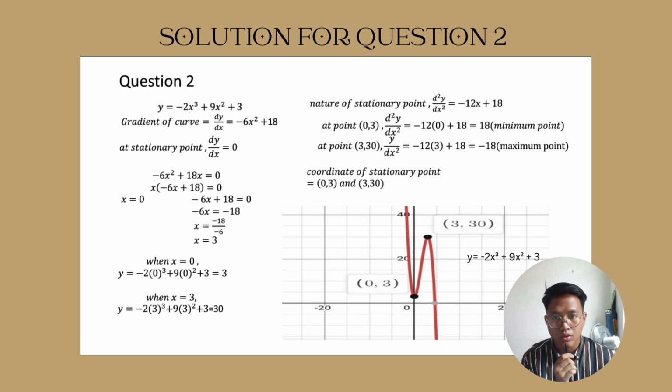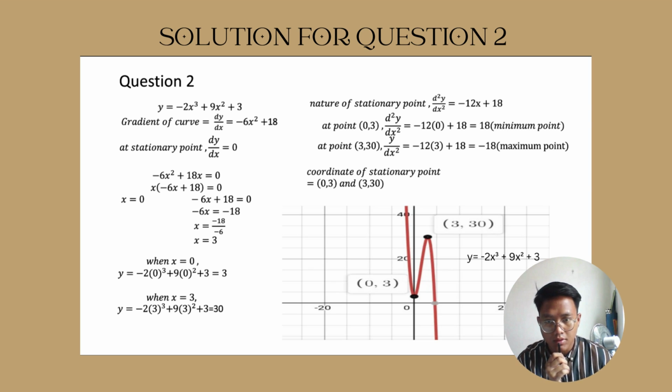You must differentiate the first equation and you can get negative 6x squared plus 18x. Okay, at stationary point dy/dx equal to 0. Okay, next you must factorize the first equation and you can get two values of x. Okay, x equal to 0 and x equal to 3.